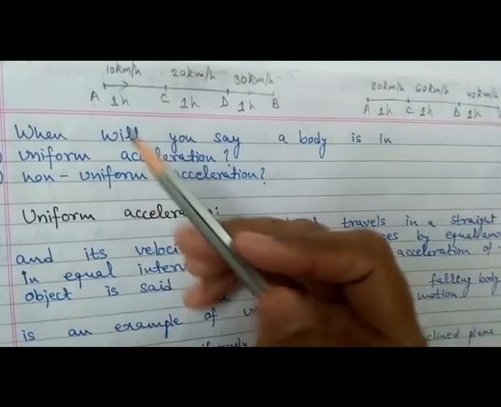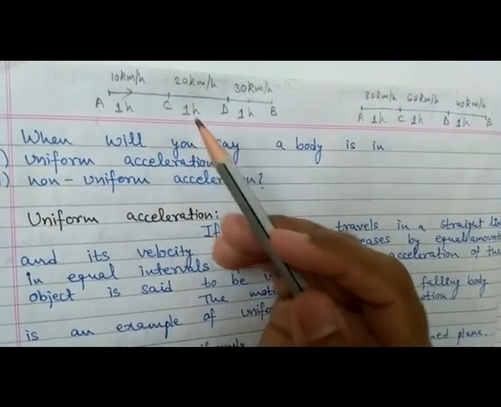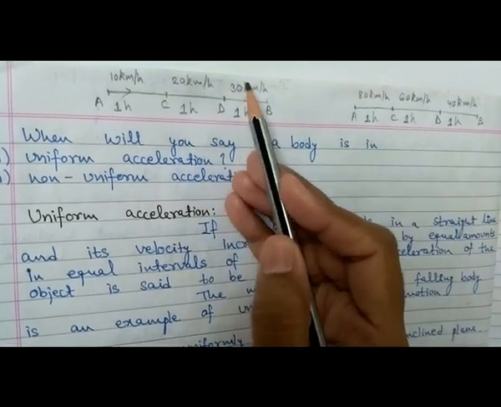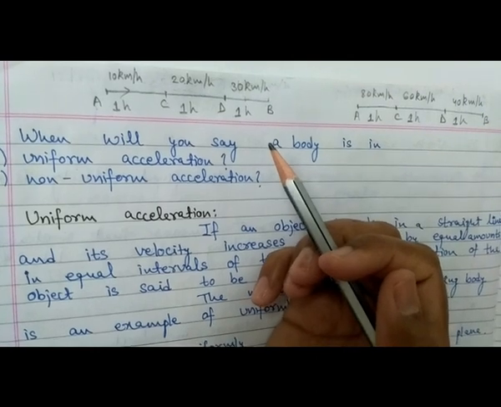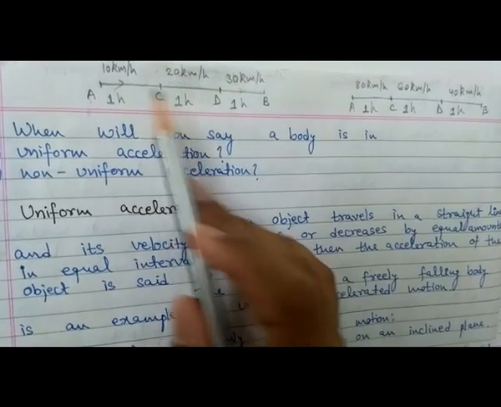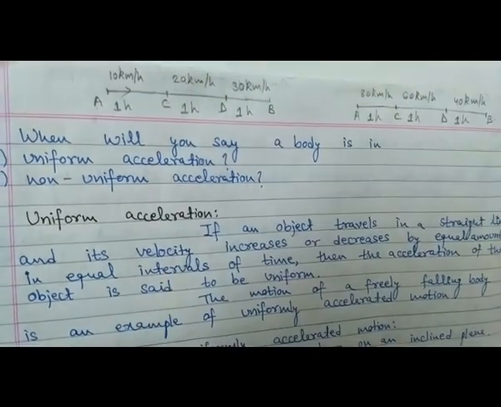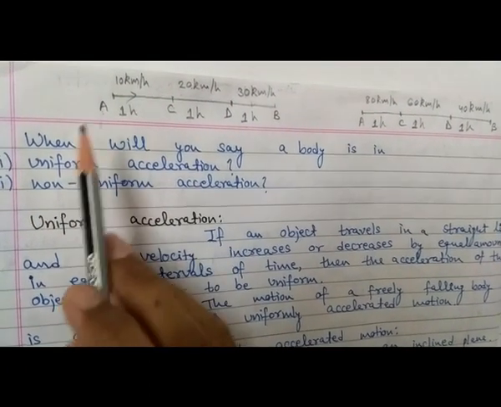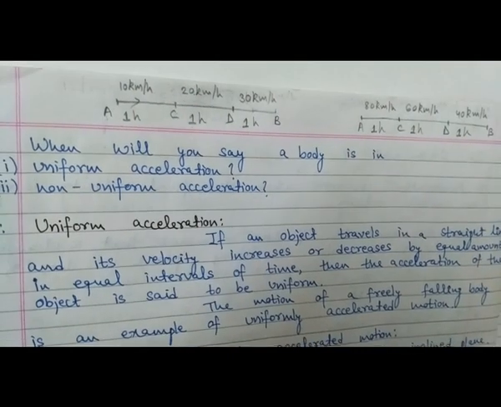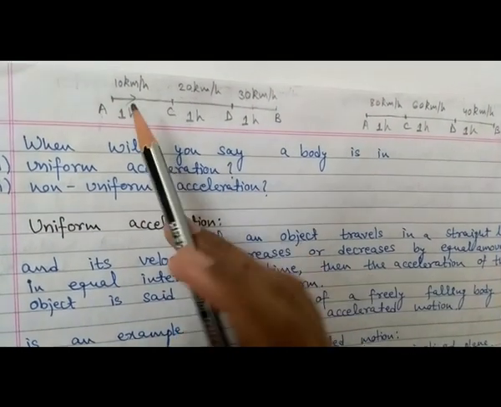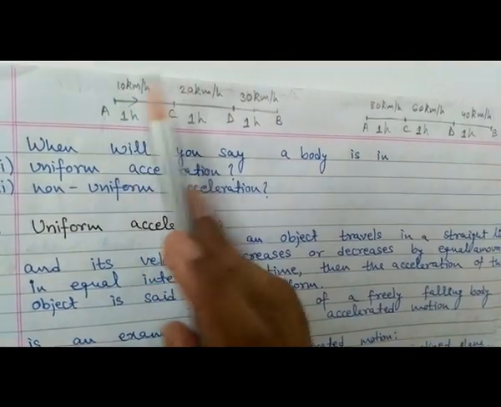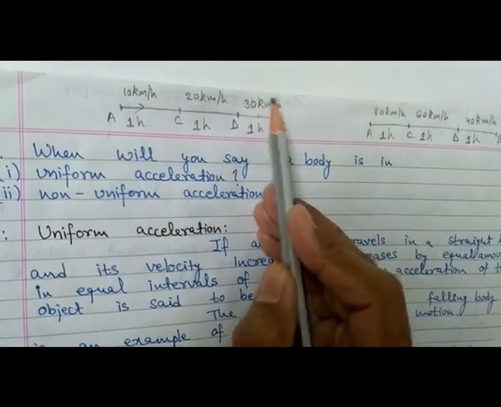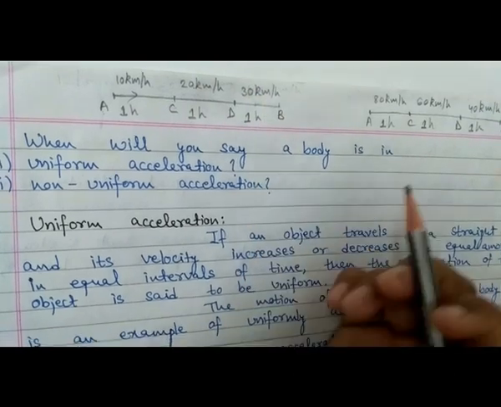Earlier it was 10 km per hour, then it rose to 20 km per hour, then further to 30 km per hour. That means there is a rise in the velocity. Another point to be noticed is that the velocity is increasing, and that too with an equal amount, isn't it?